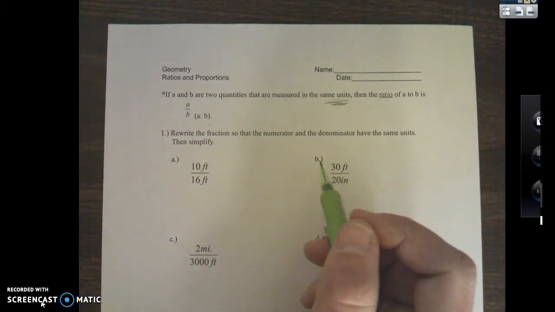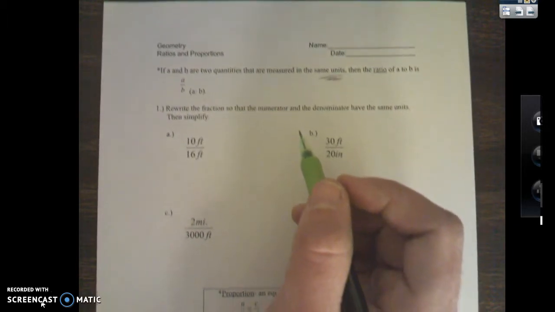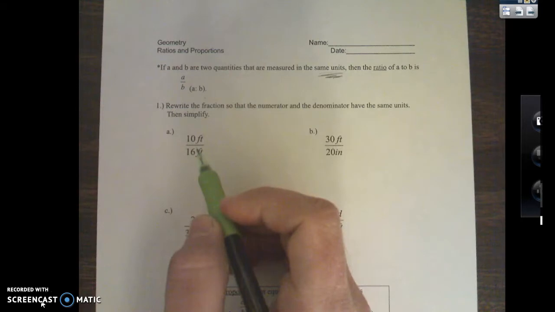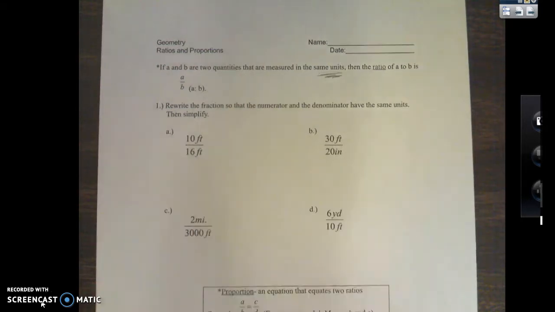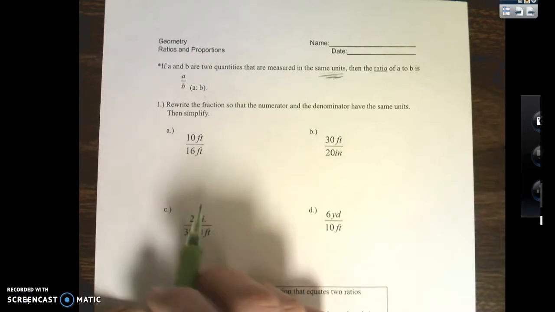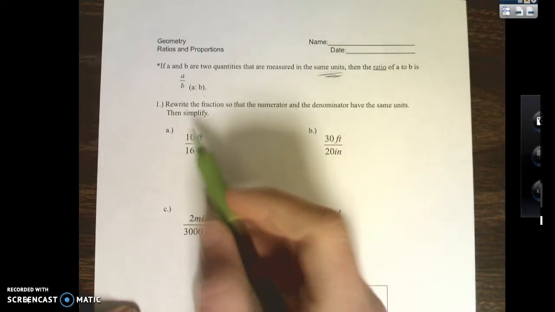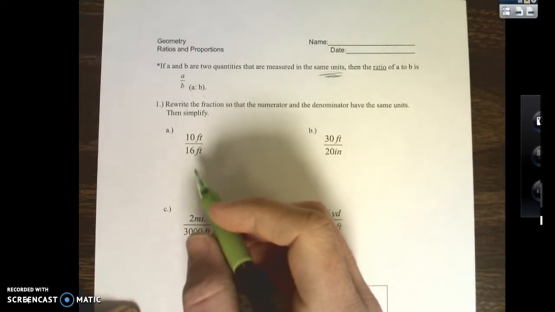So for number one here, it says rewrite the fraction so that the numerator and denominator have the same units, then simplify. So for part A, we notice we have 10 feet over 16 feet. What you want to try to do is reduce these down. What number can go into 10 and also 16?